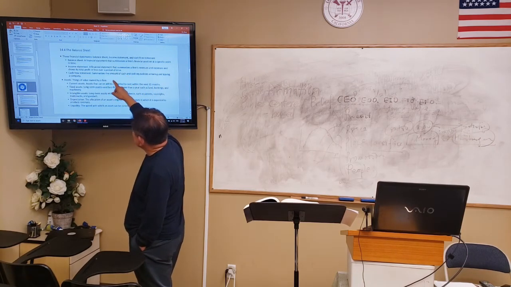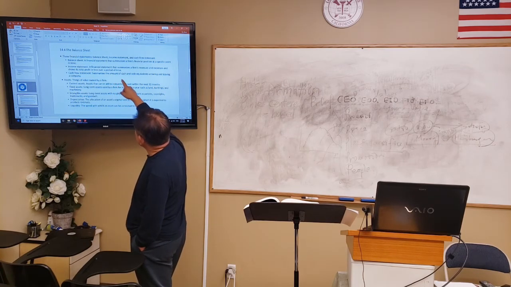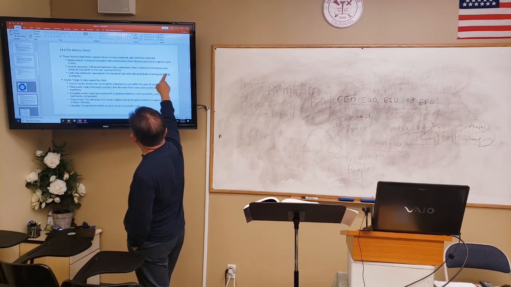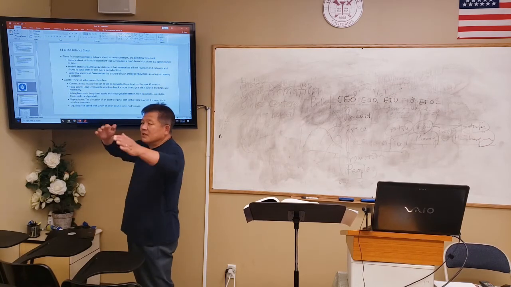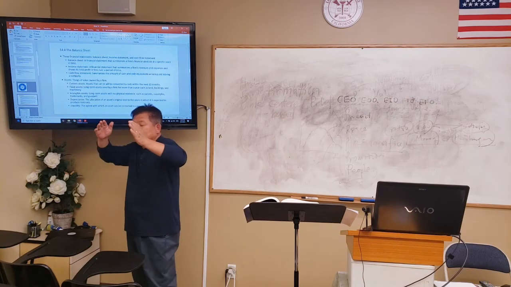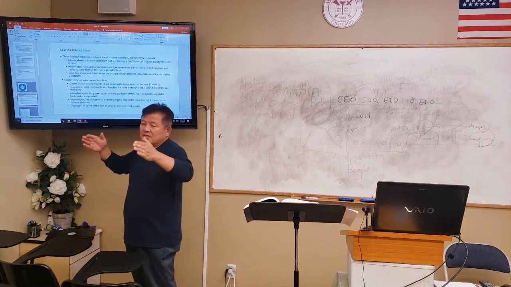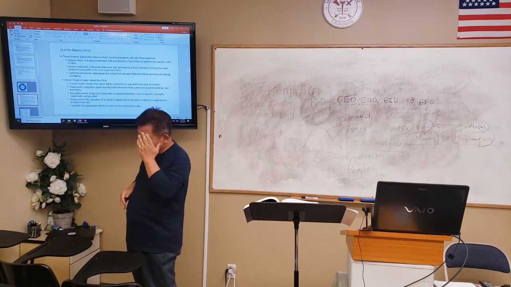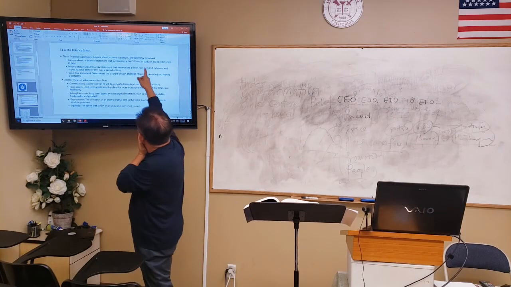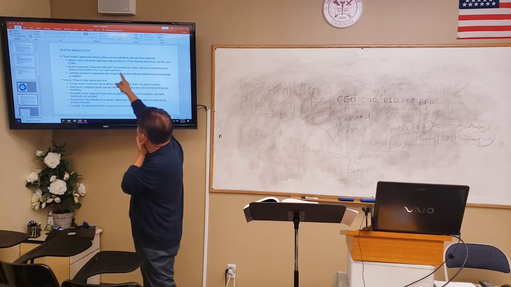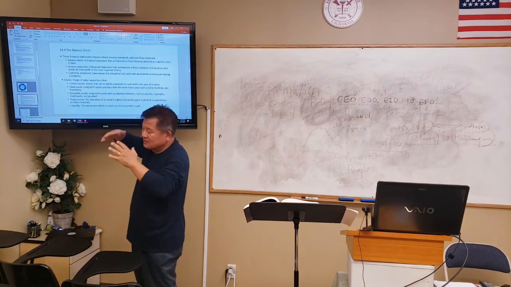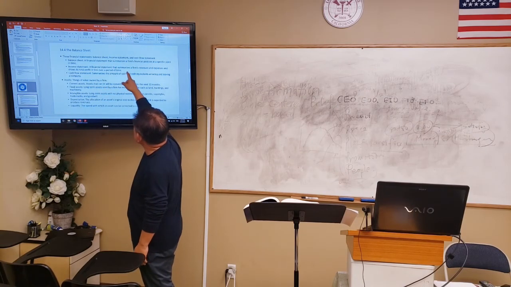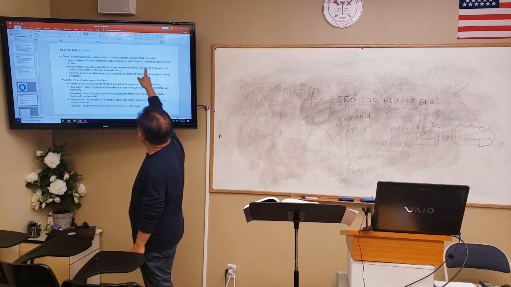The balance sheet is a financial statement that summarizes a firm's financial position at a specific point in time. Mostly quarterly or annually, January 1st to December 31st is a specific point in time. So the balance sheet shows the firm's financial position.